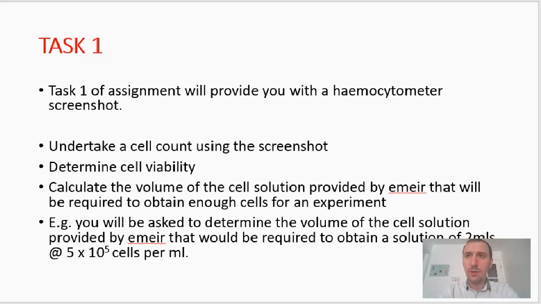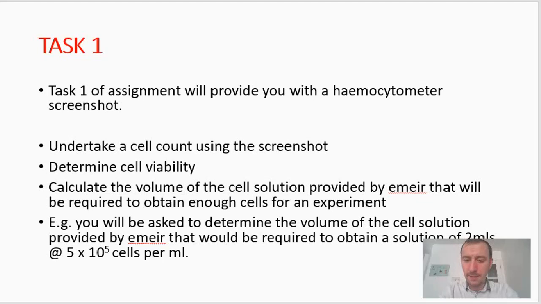And what I'm asking you to do is to determine the percentage cell viability. I'll also ask you to calculate the volume of cell solution provided by Emer that will be required to obtain enough cells for an experiment.